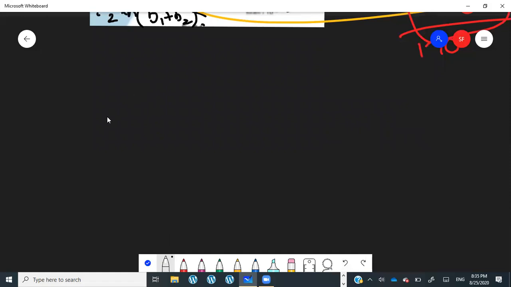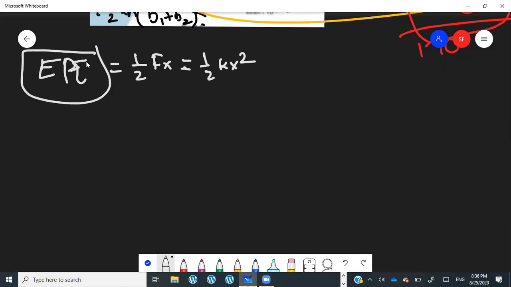what if I ask you, tell me the 2 formulas of energy. Half Fx and half kx squared. And what form of energy is this? Elastic potential energy.